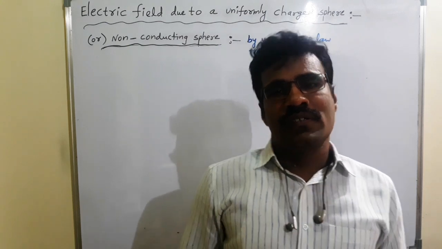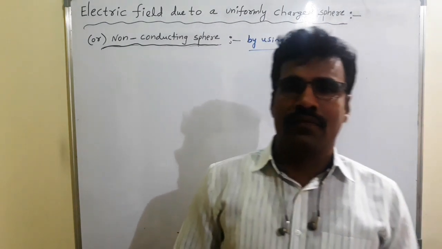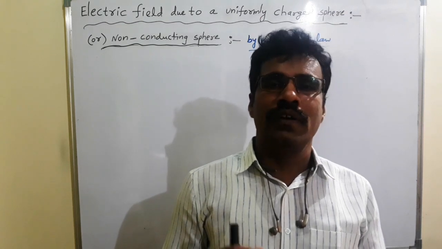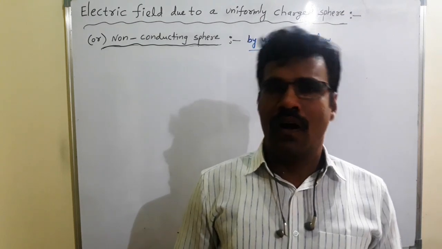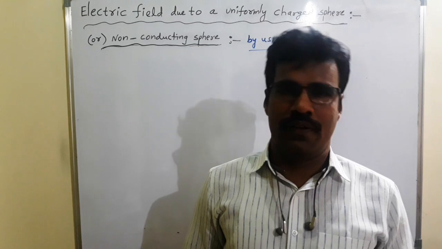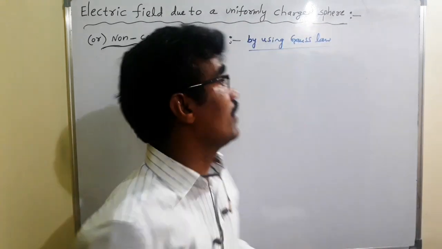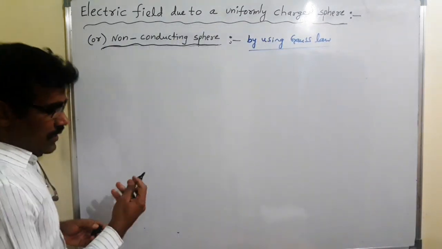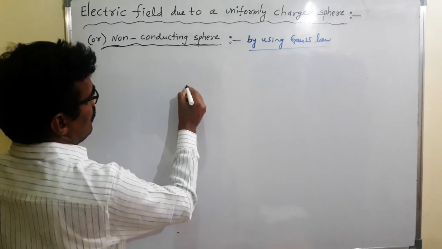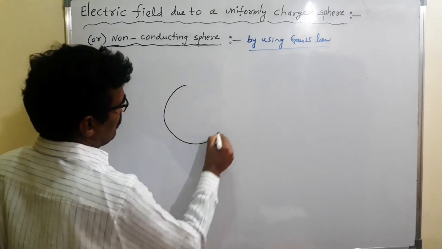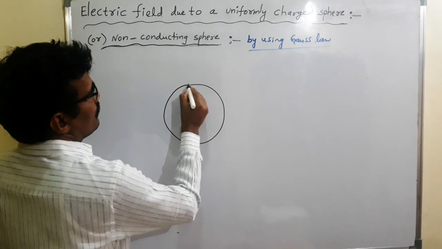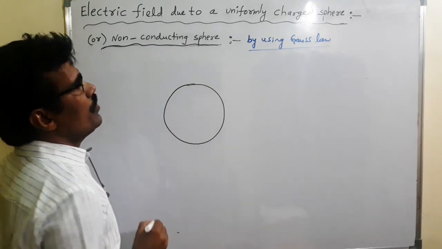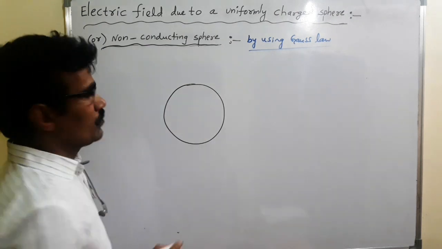We are going to discuss electric field due to a uniformly charged sphere or non-conducting sphere by using Gauss law. So let us consider this is the uniformly charged sphere.